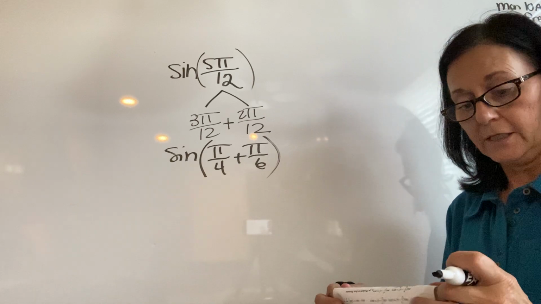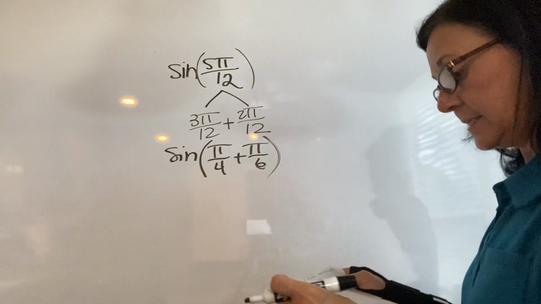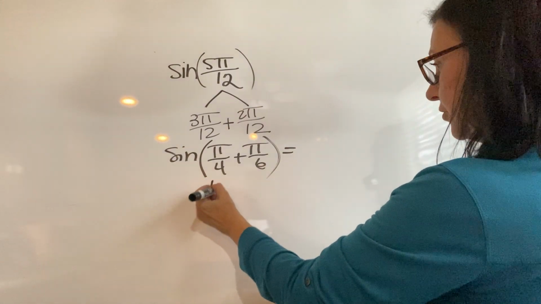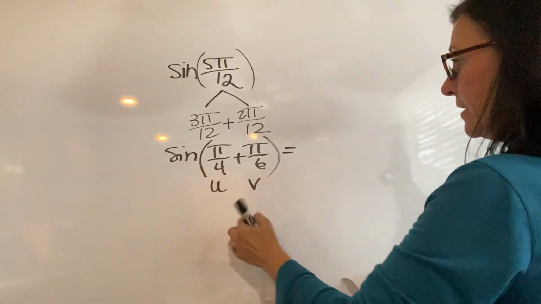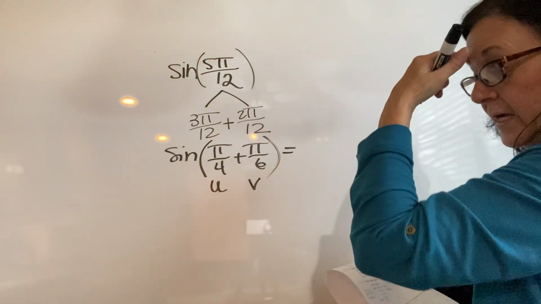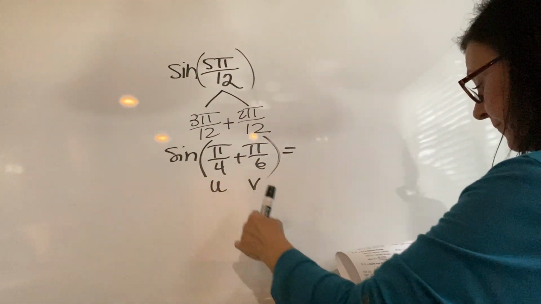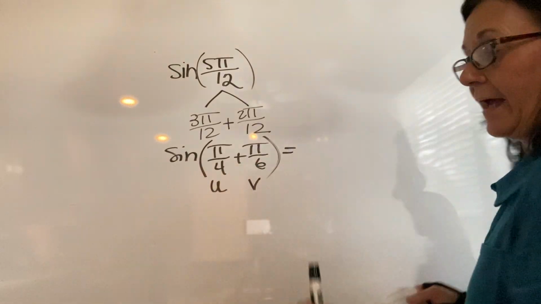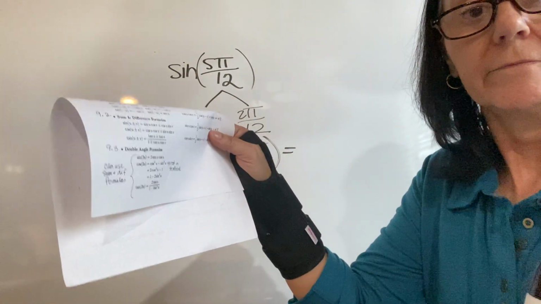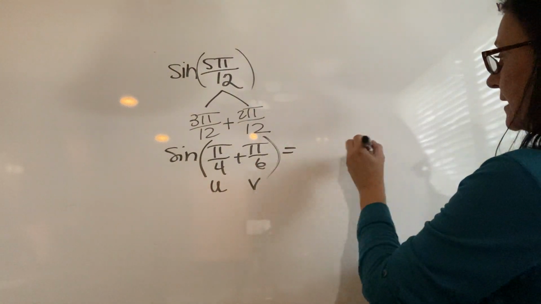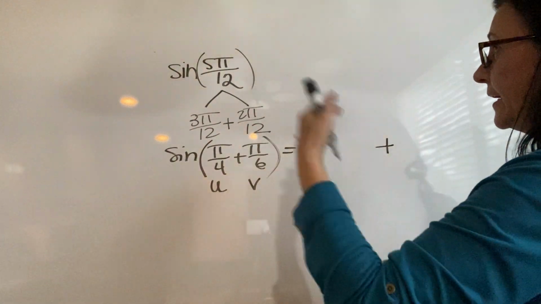Now, because it's plus, what does that equal? This is your u value, this is your v, or your first one, second one. So it's sine of this times cosine of that, plus cosine of this times sine of that. You're just following your formulas. When it's plus, I know it's plus. For sine, it's the opposite.